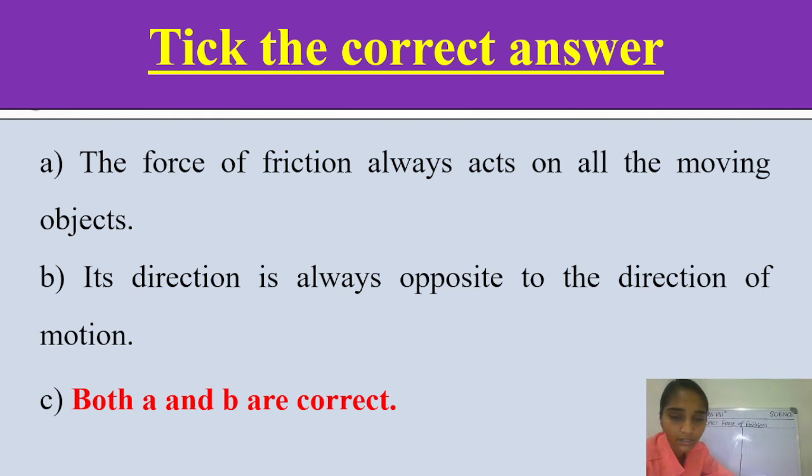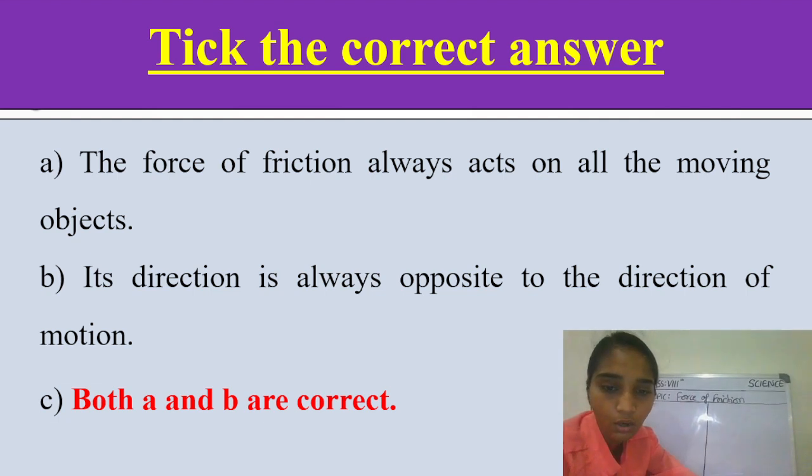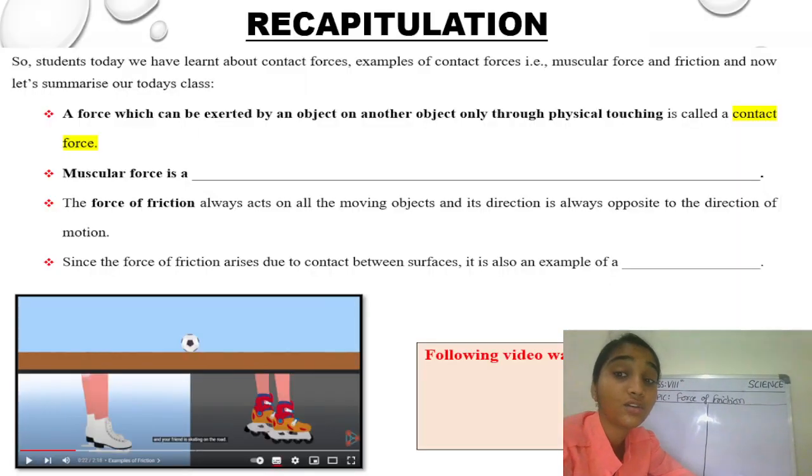So now what have we discussed in today's class, students? Yes, today we have discussed the contact forces, the types of contact forces actually. And what are the types of contact forces which we have discussed? Yes, the muscular force and the force of friction. Very good, students. So now let's summarize today's class. A force which can be exerted by an object on another object only through physical touching is called a contact force. And students, muscular force is a dash.